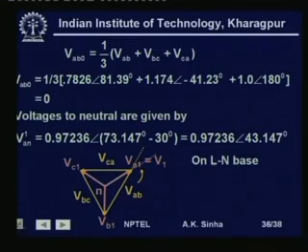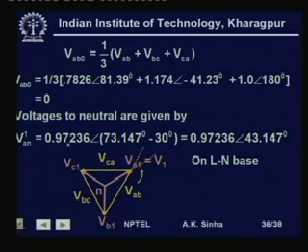Instead of the line voltages, if we want, we can calculate the voltages to the neutral. So, VAN1 is equal to the same value, because we are taking it on a line to neutral base. If we take it on a line to line base, then we will have to divide it by root 3. If we look at this diagram, VAB is in this direction, VAN is in this direction, that is, VAN is lagging VAB by 30 degrees.